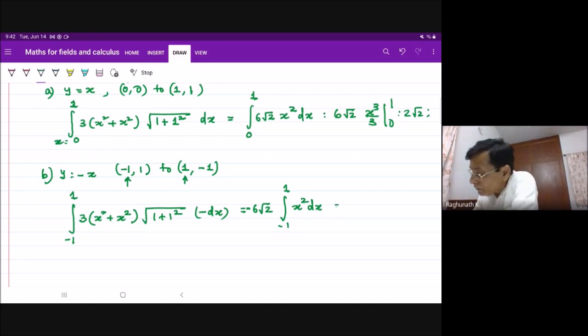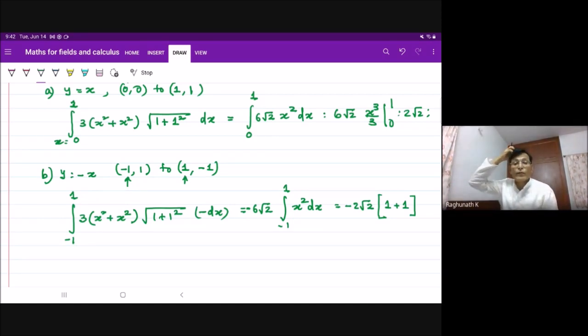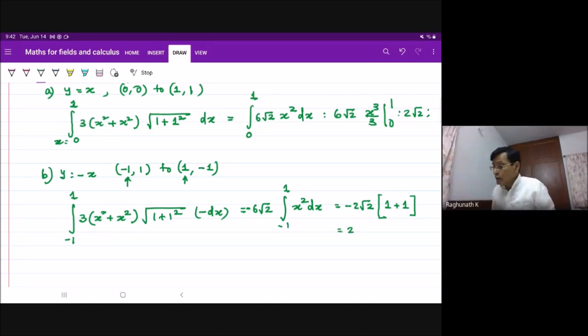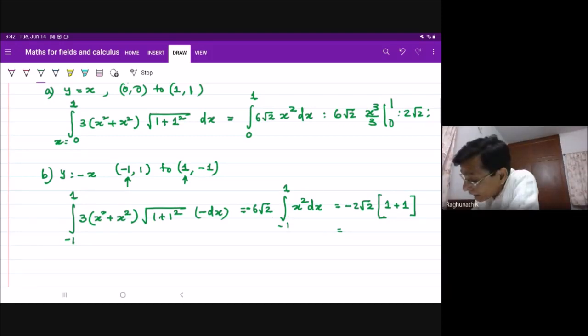What is this now? 2 root 2 into, 1 plus 1, correct? X cubed, upper limit 1 minus of minus 1, which is equal to 4 root 2 now. Yes, understood now? X cubed by 3, that 6 by 3 became 2. So this is now 4 root 2.